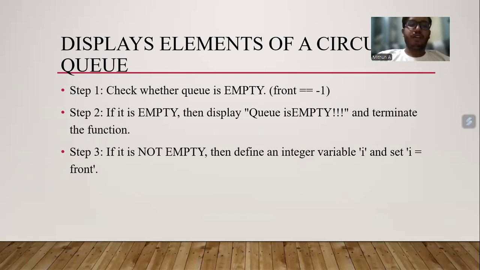So it first checks whether the queue has some elements or not. If not, it will come out of the loop. So check whether the queue is empty, that is front equal to minus 1. If it is empty, then display queue is empty and terminate the function.